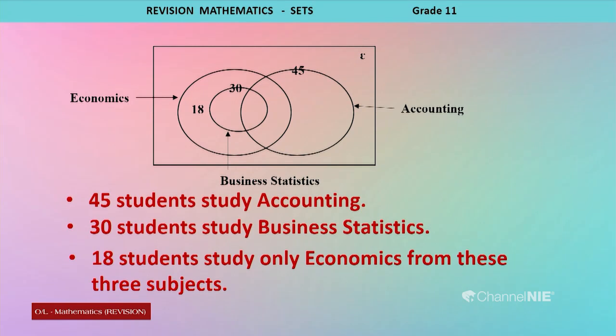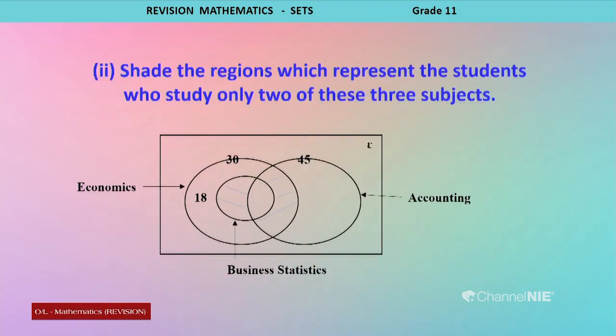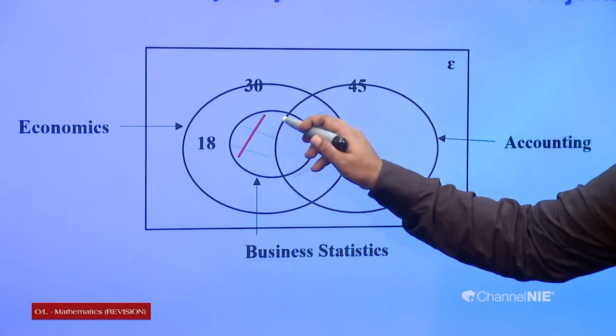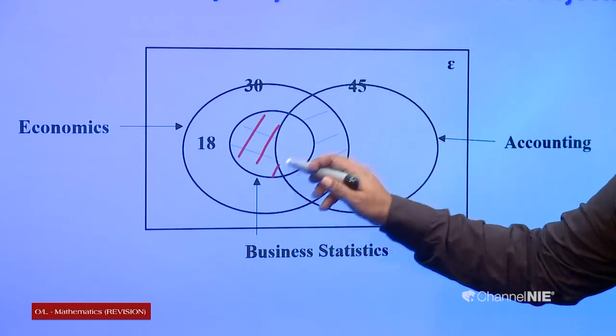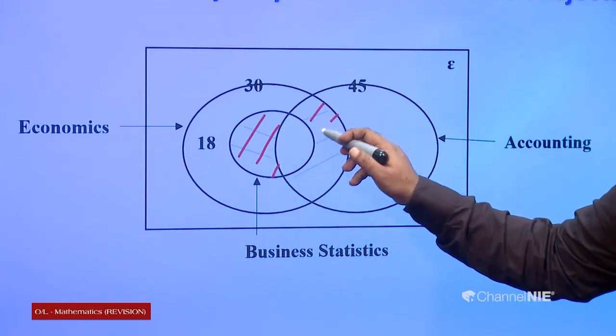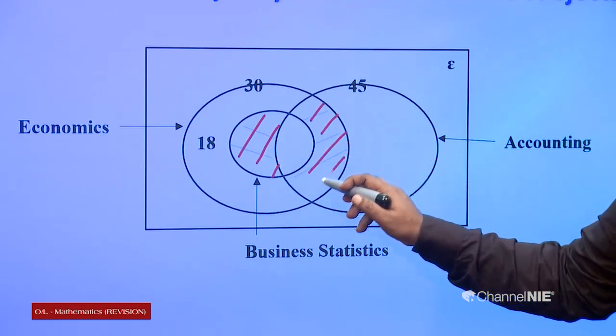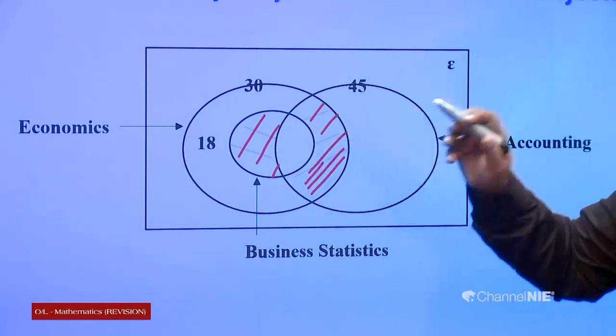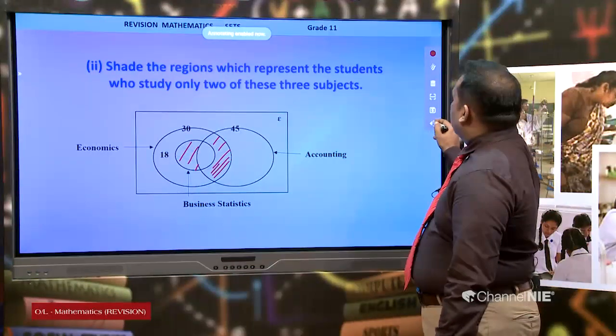Very easy. Then shade the regions which represent the students who study only 2 of these 3 subjects. Only 2. This region, only 2, right? Clearly identify, only 2. Okay, now next one.